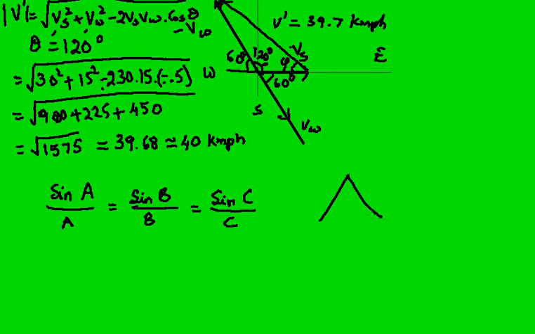If I were to consider this as a triangle, a is the length of this, b is the length of this, and c is the length of this, the opposite angle here would be A, the opposite angle here would be C, and the opposite angle here would be B.